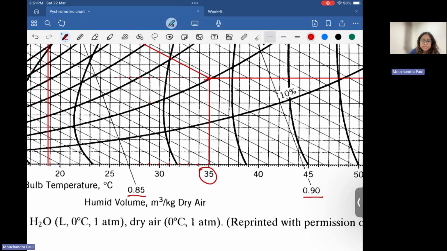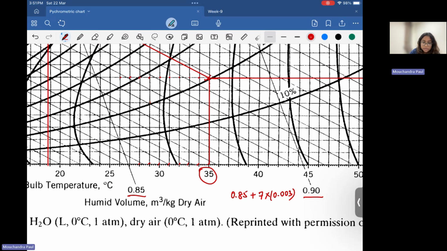So it will be 0.85 plus 7 into 0.003. Okay.